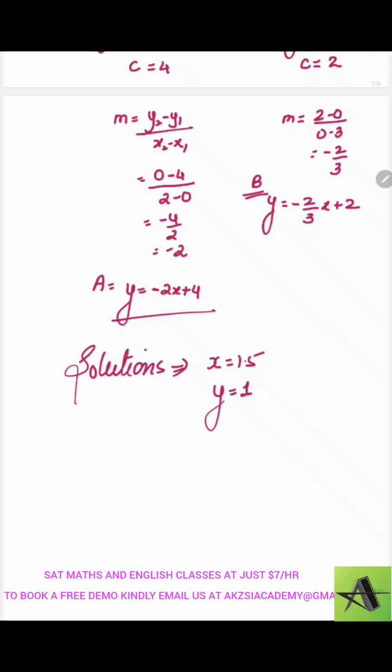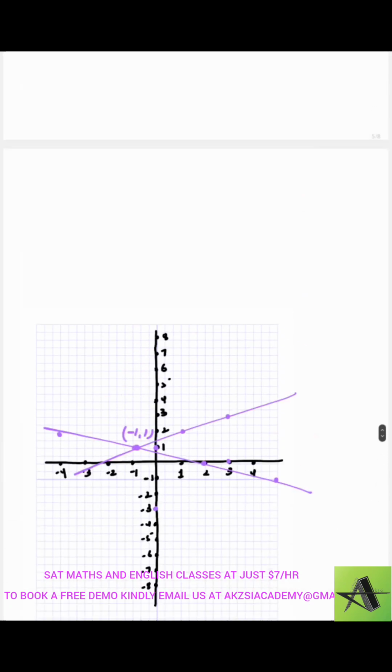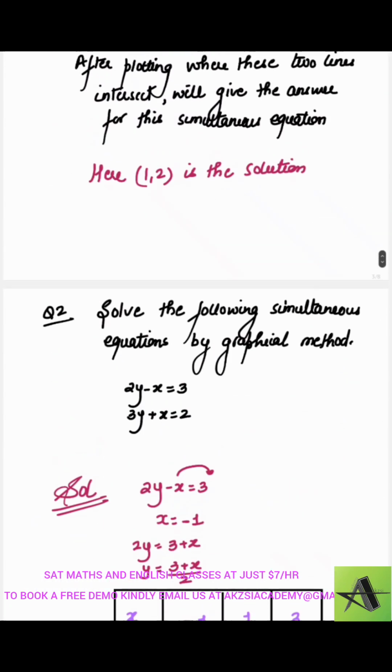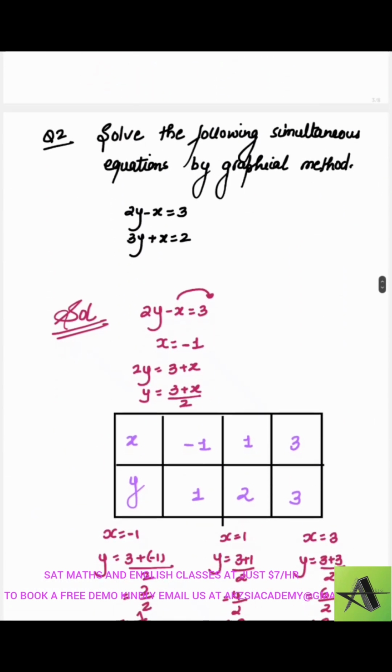So in the graphical method, what you have to do is see where the two straight lines are intersecting, because simultaneous equations means a number of equations that share the same value of variables. Here we have two equations, a set of linear equations, and they have variables.